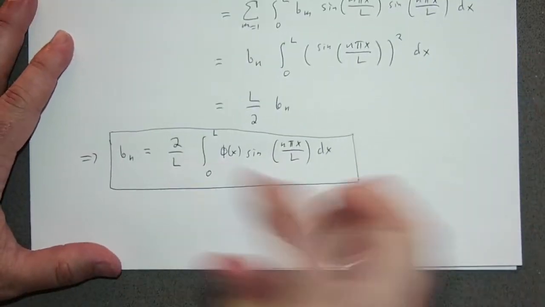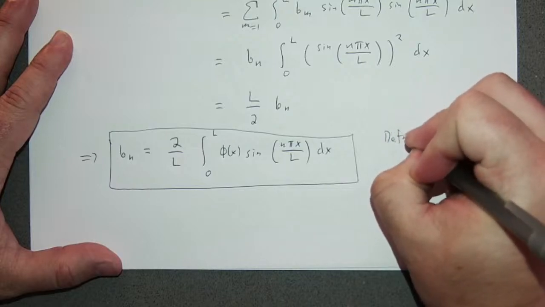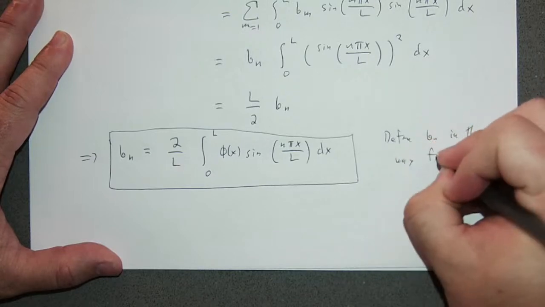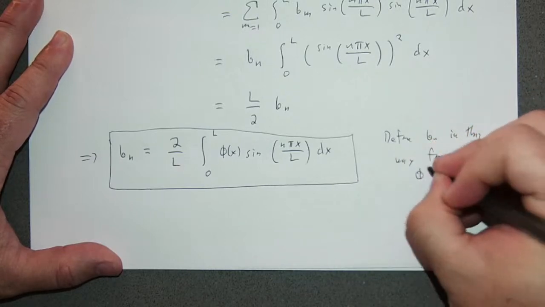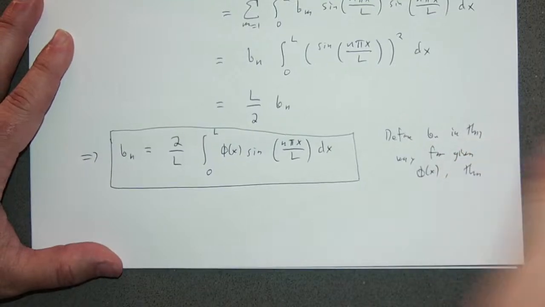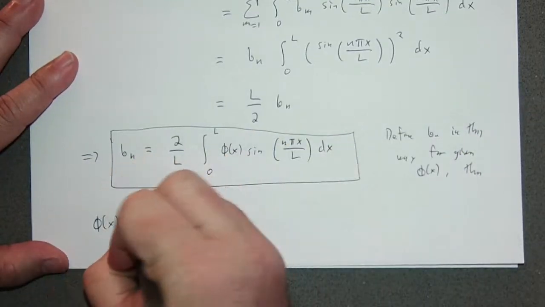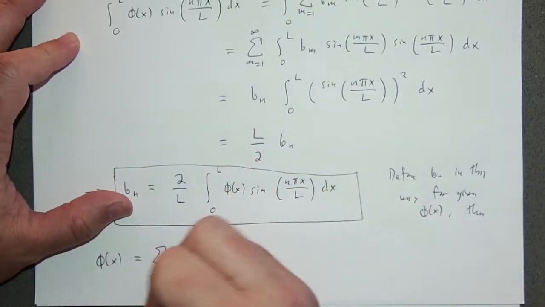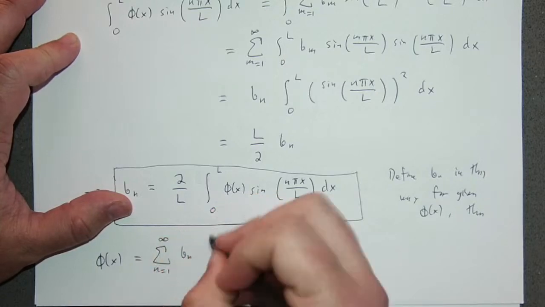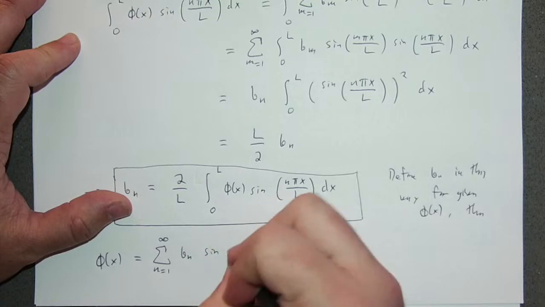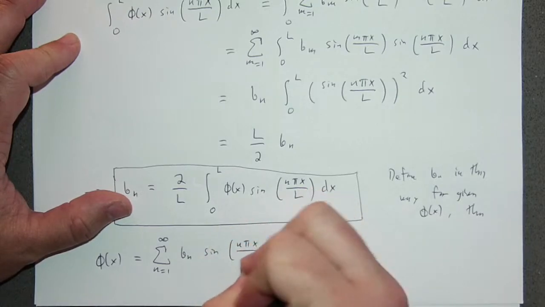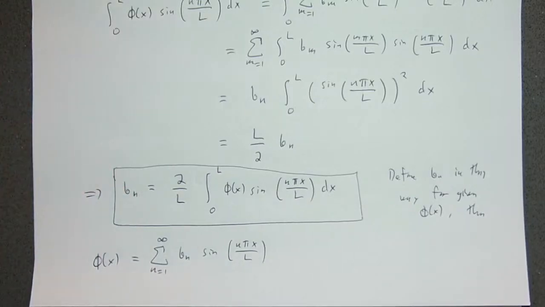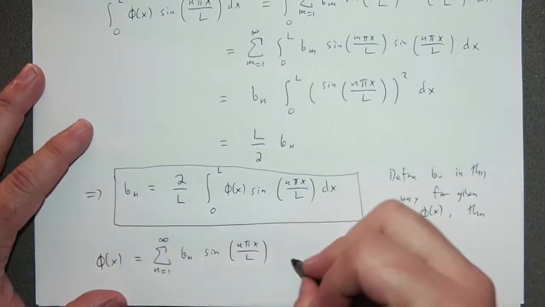And so if we define b sub n in this way for given phi of x, then the expression of writing phi of x as the sum from n equals 1 to infinity of b sub n sine of n pi x over L. This is exactly called the Fourier sine series.